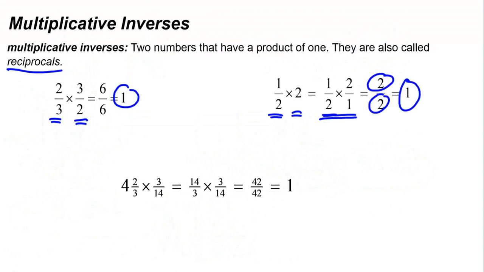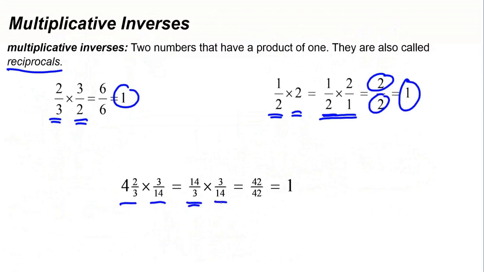Now, mixed numbers can have reciprocals as well, but you have to view them as improper fractions first. So here we have 4 2/3 times 3/14. Now, looking at it, it doesn't look like they're reciprocals of each other, but if you write 4 2/3 as an improper fraction, it's 14/3.